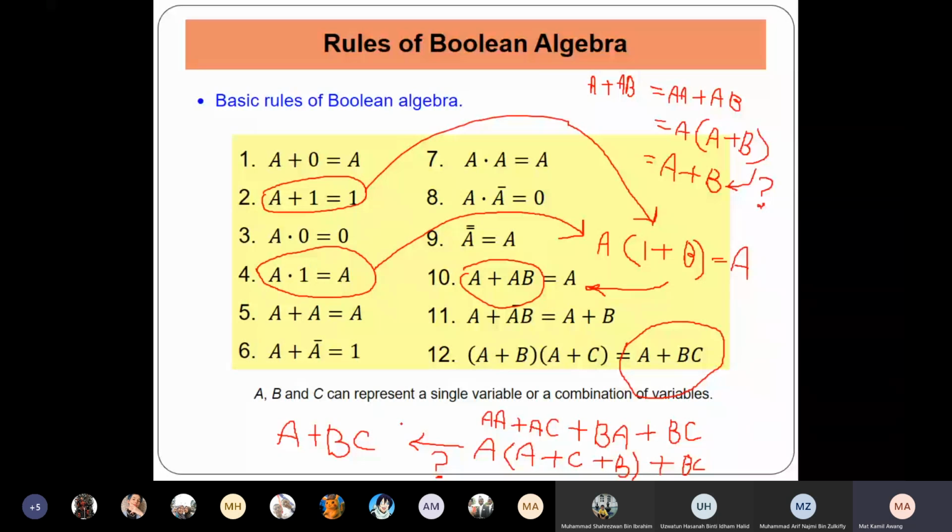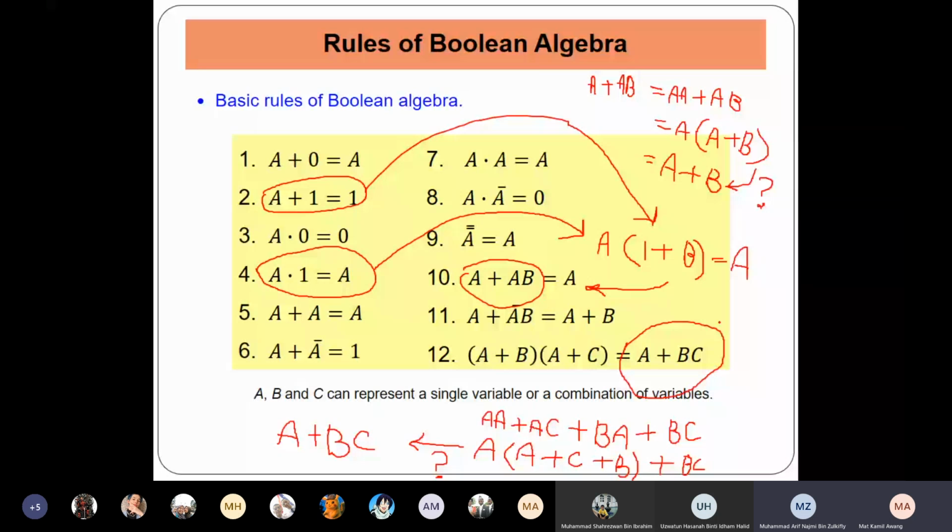You have to work it out using all the previous 10 rules. To do 11, you use the previous 10 rules. For number 12, you use the previous 11 rules that you have. You try to work it out on your own.